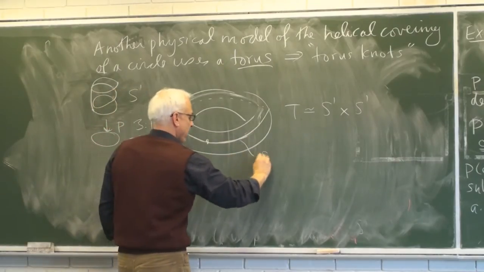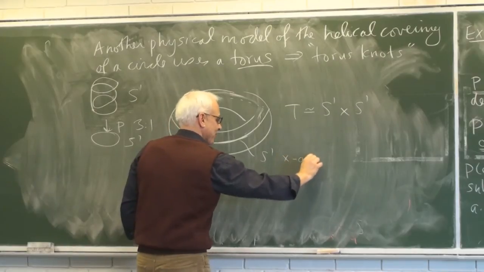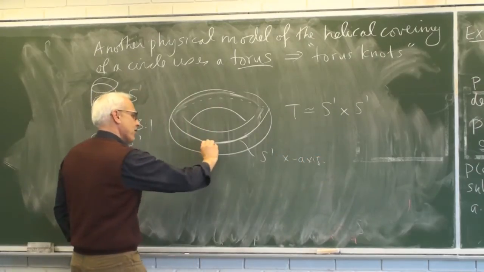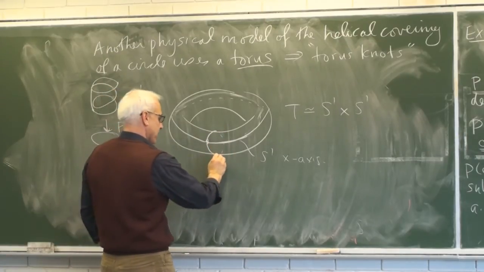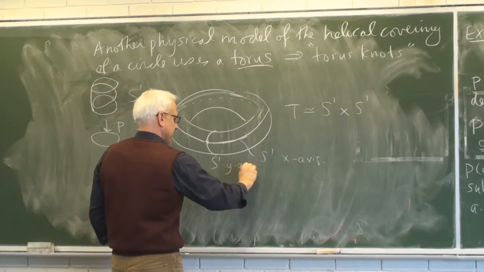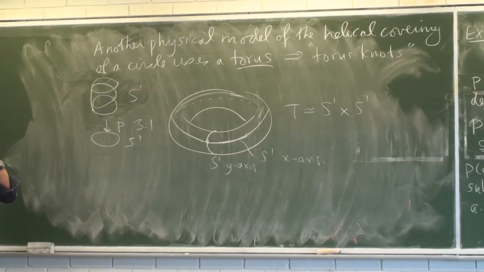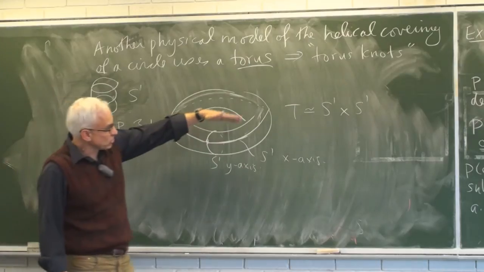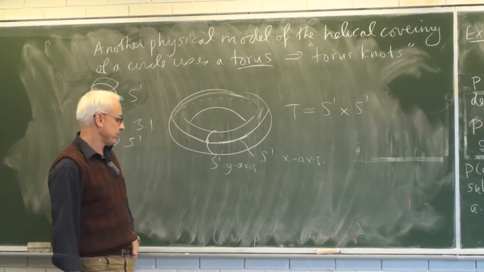It's one S1, sort of like the x-axis on the torus. And then there's the other circle going around like this, which is sort of like another S1, which is the y-axis. And so we can use these circles to coordinatize the torus.